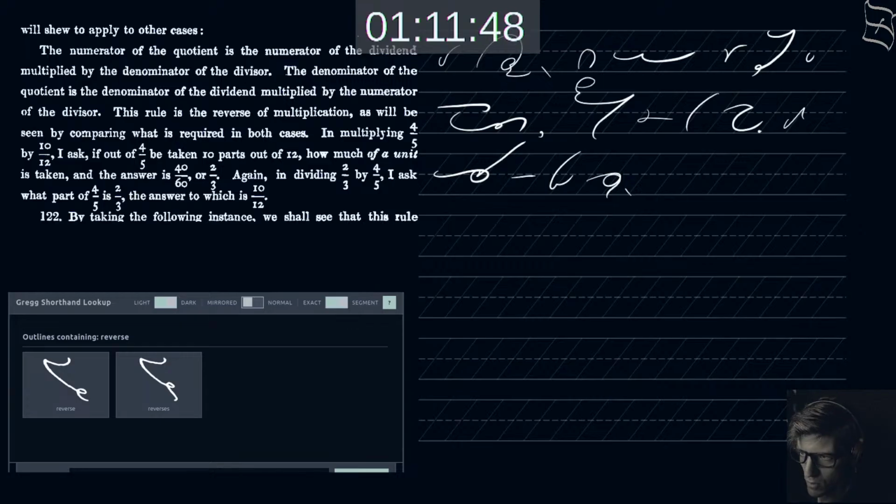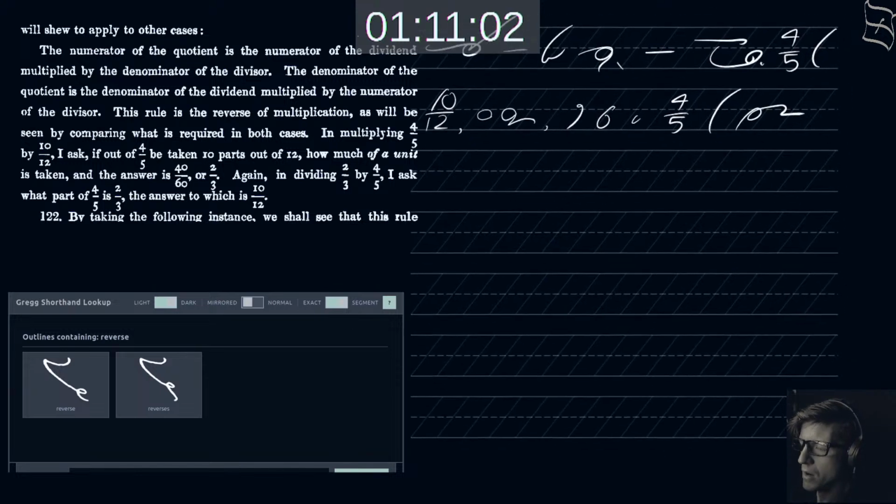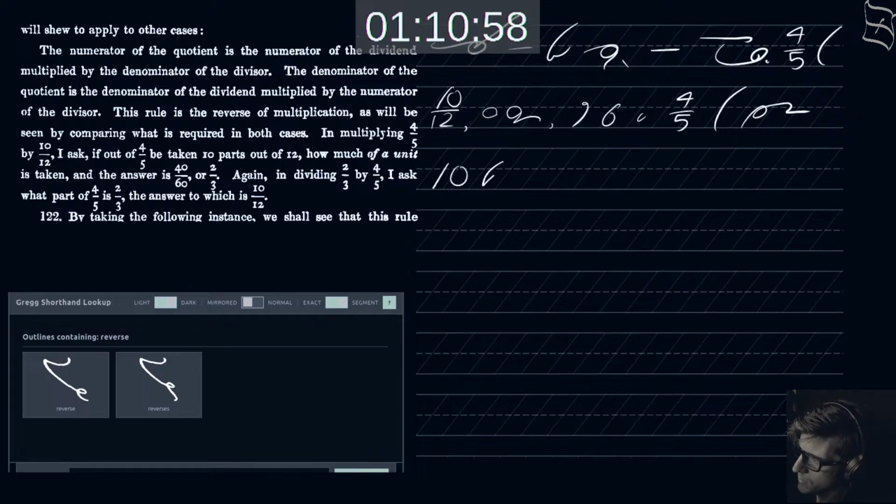In multiplying 4 over 5 by 10 over 12, I ask, if out of 4 over 5 be taken ten parts out of 12, how much of a unit is taken?